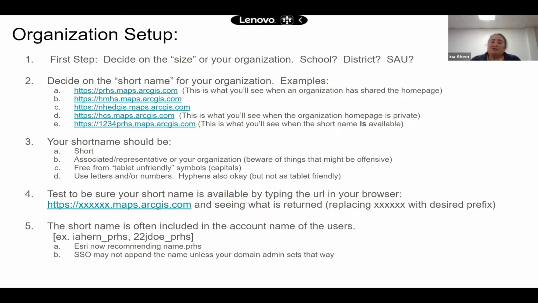However, there are also some disadvantages. Bob, do you want to speak about that? Because you have kids that go from school to school. Sure. Yeah, we're in SAU 66. I teach in the Hopkinton Middle High School. When we first set up our organization, we did HMHS, Hopkinton Middle High School.